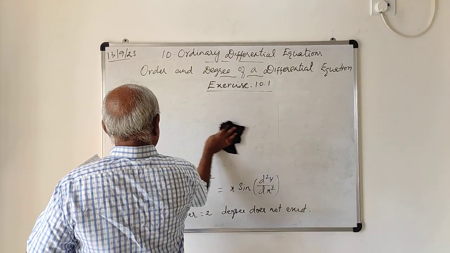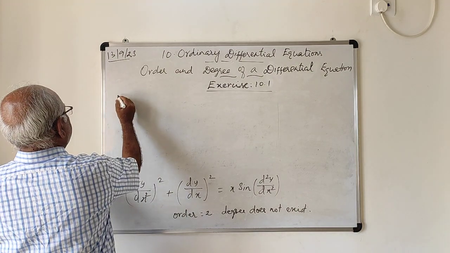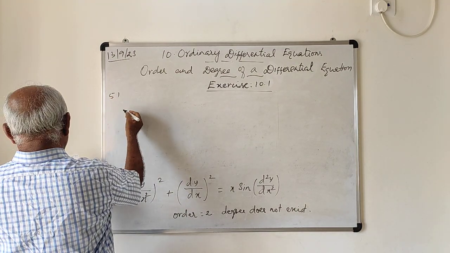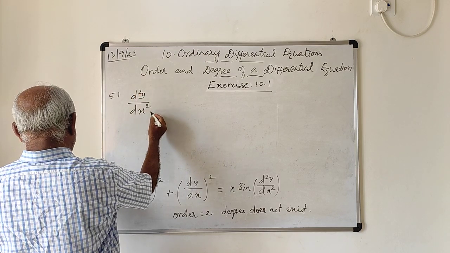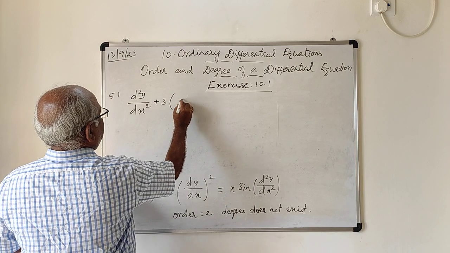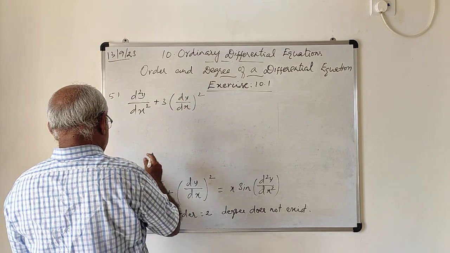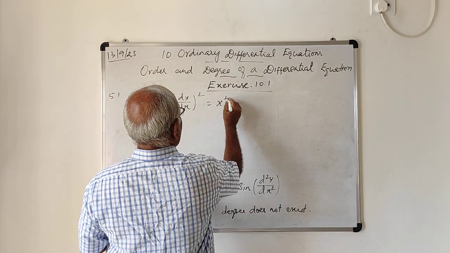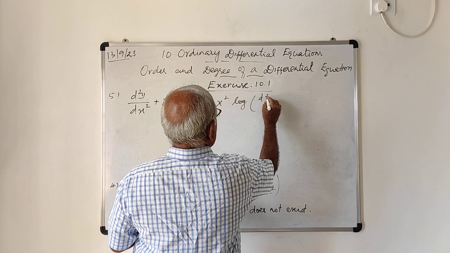Find the order and degree of the differential equation: d square y by dx square plus 3 dy by dx whole square equal to x square into log of d square y by dx square.